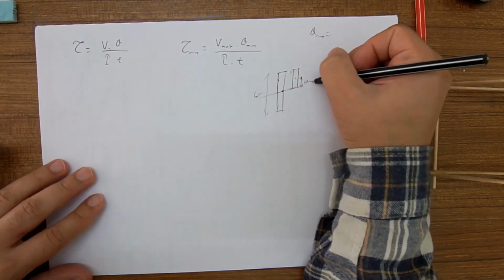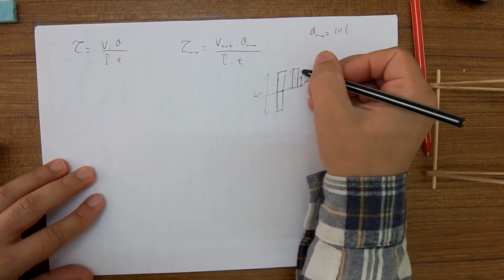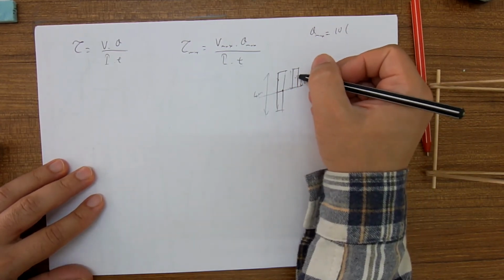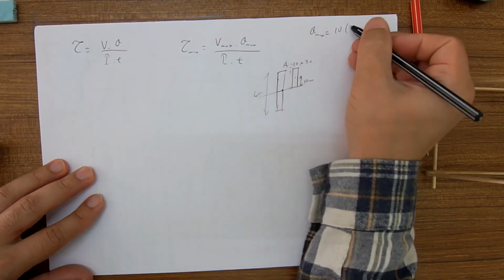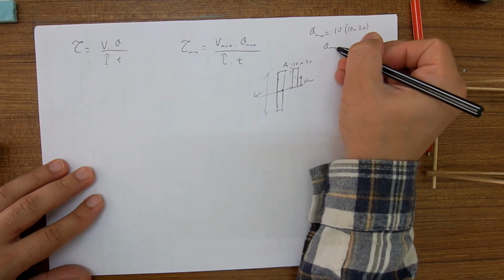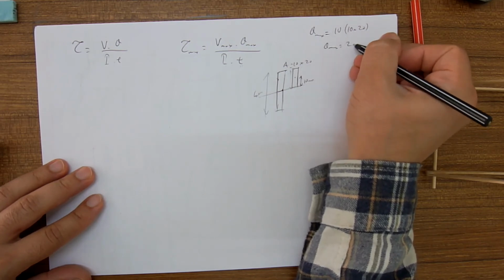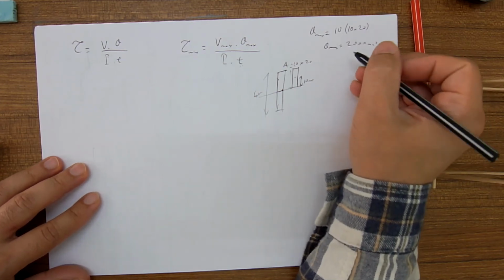Y is 10 millimeter, and the area is 10 times 20. Therefore, Q max is equal to 2000 millimeter cubed.